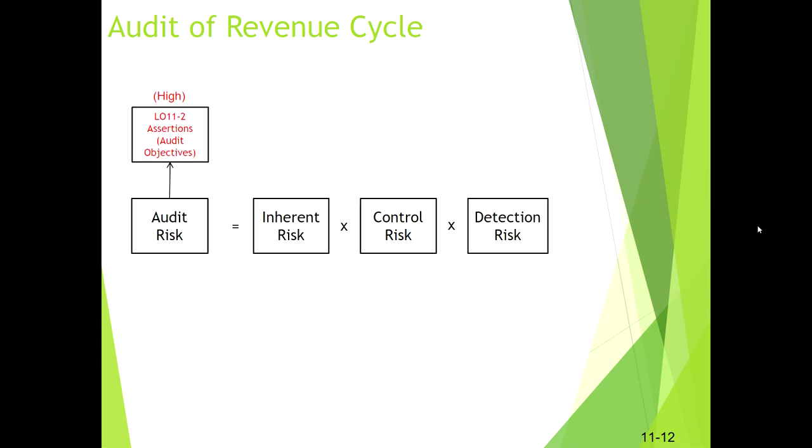Again, looking at our audit risk model, we want to layer in the other learning objectives here. And really, that first learning objective really could be included in inherent risk, because it gets to the complexity of the transactions, the nature of the transactions.